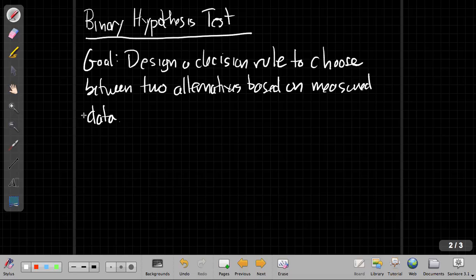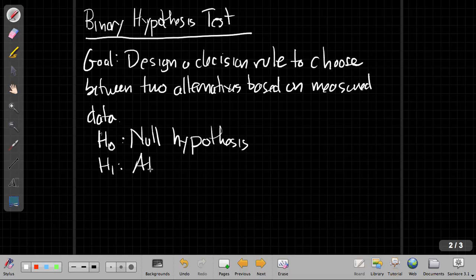For the two hypotheses, the classic notation is that we call one of them the null hypothesis, which is sort of the normal, not interesting case. And then H1 is often called the alternate hypothesis.